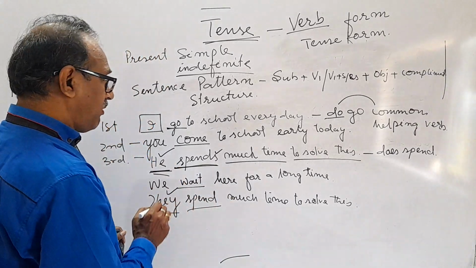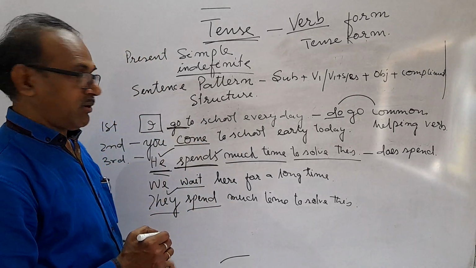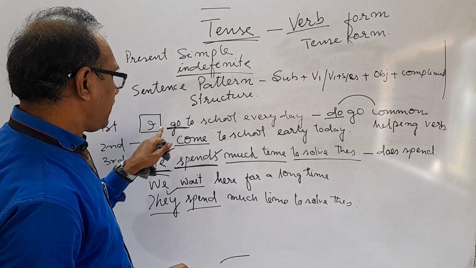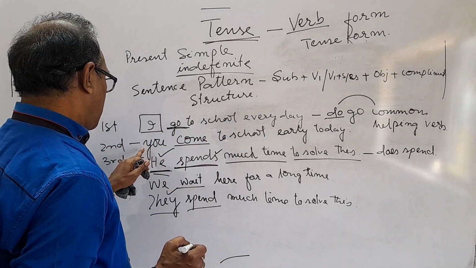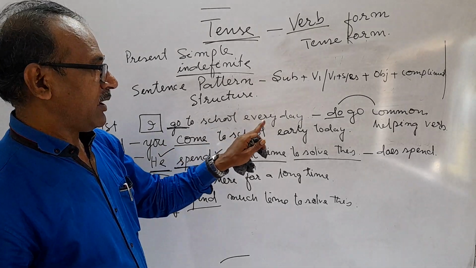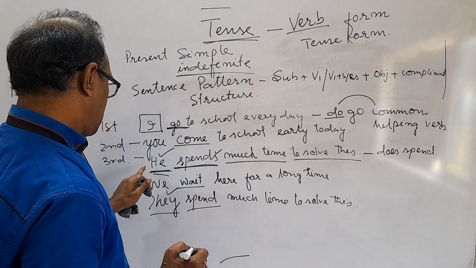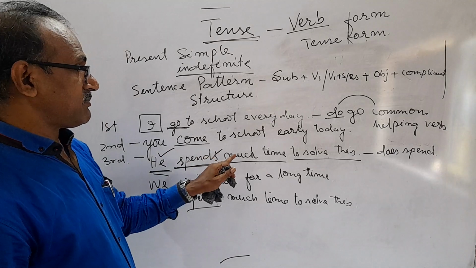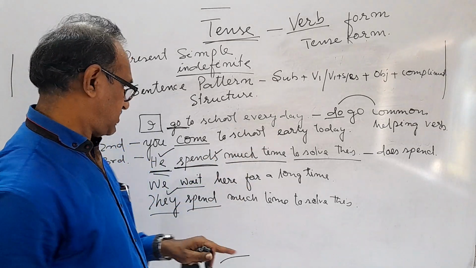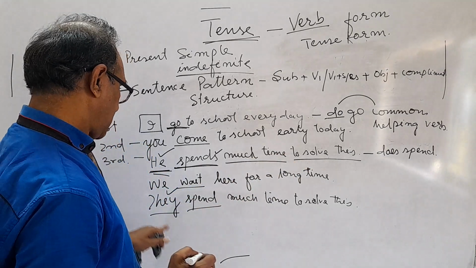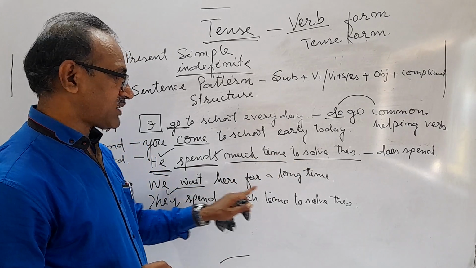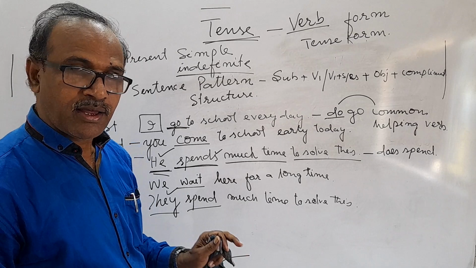Clear? Okay. Now, if you split this go, then we are getting I do go to school every day. You do come to school early today. He does spend so much time to solve this. We do wait here for a long time. They do spend much time to solve this. Okay.